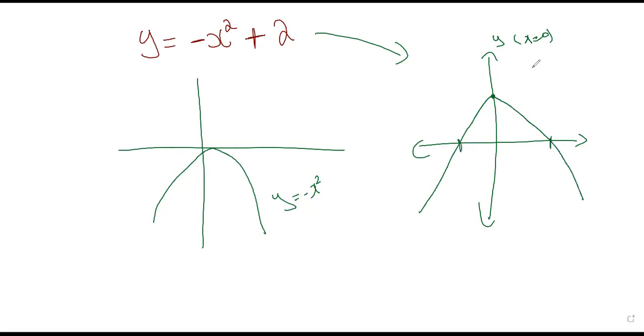These points would be, 0 equals minus x squared plus 2, minus 2 equals minus x squared. So ultimately x is plus or minus square root of 2. So this is minus square root of 2, and this is square root of 2.